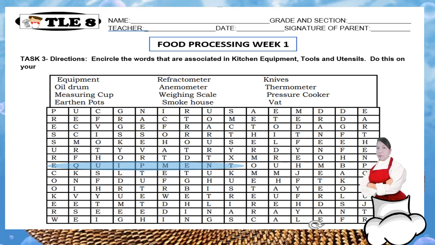You are going to encircle the words that are associated with kitchen equipment, tools, and utensils. You're going to answer this in this activity sheet. I have an example for you, so you can answer this correctly.